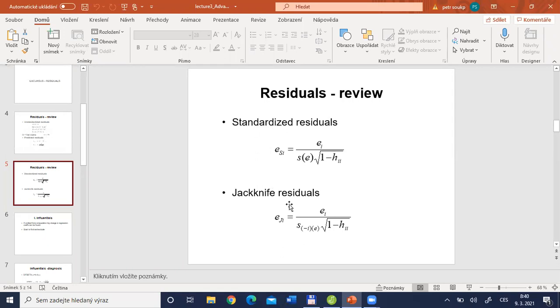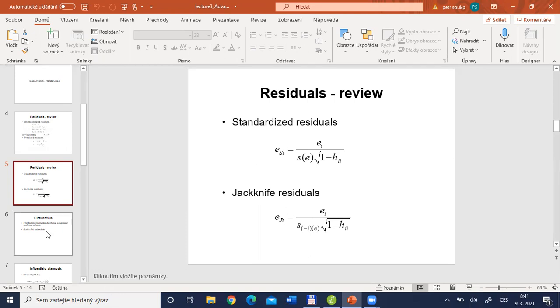And for these standardized residuals, we can then use testing, as standardized or jackknife residuals, or different kinds of standardization, usually follow the standardized normal distribution. So we know, for example, that only approximately 5% of these residuals should be outside the range -2 to +2. So that's the reason why we are computing standardized residuals.